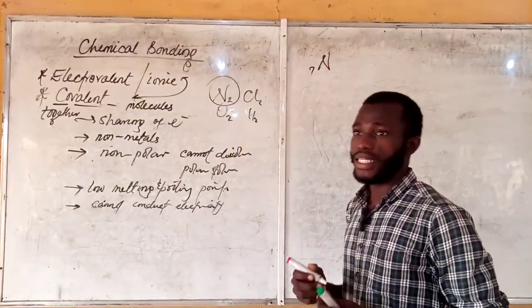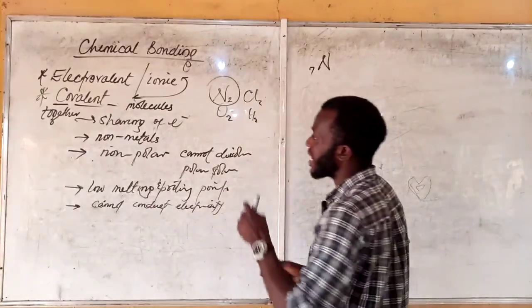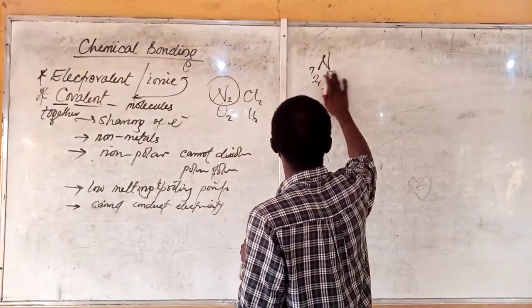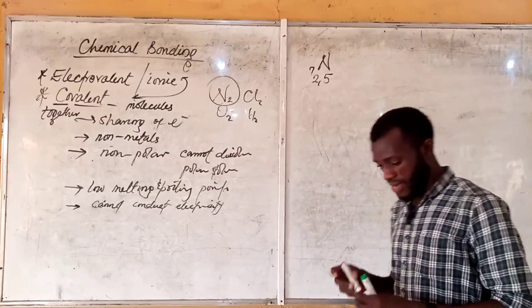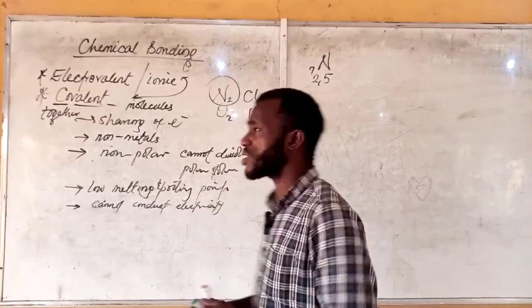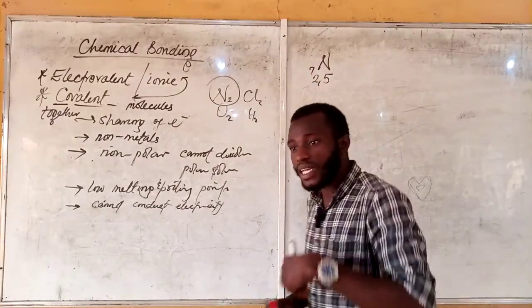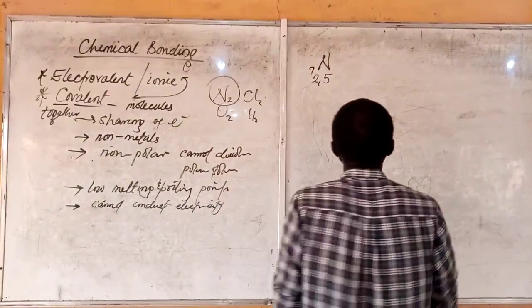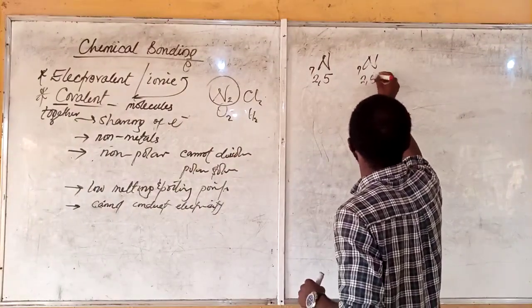Now, N7 is going to have, by octet rule, the configuration 2, 5. Now, how does it bond? Since it needs 3, it needs another element that can donate 3. But since it has not found one, it's going to look for another N7 that also needs 3.